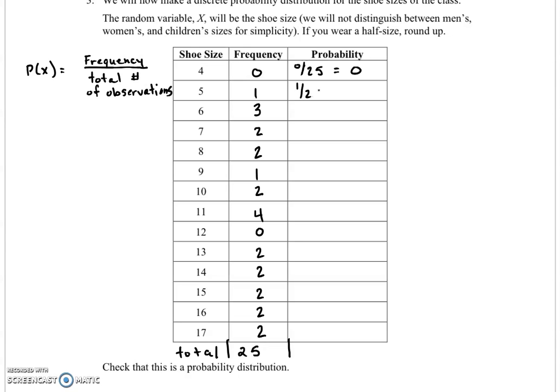Then we have 1 over 25, which is 0.04. 3 over 25, which is 0.12. And we can just keep going, right? So you should finish filling in this table as I'm doing it. You can pause the video if you need to.